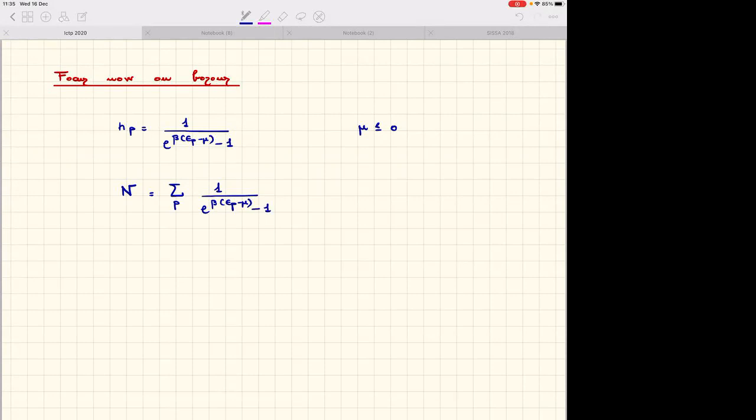Now notice that in principle, for any system, this equation contains a sum.